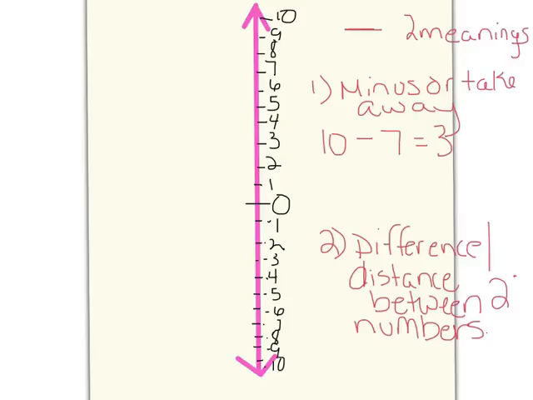If I start up at 10, here's where I'm starting, and I am going to move 7 units. If I move 7 units, where will I go? 1, 2, 3, 4, 5, 6, 7. I end up at 3.